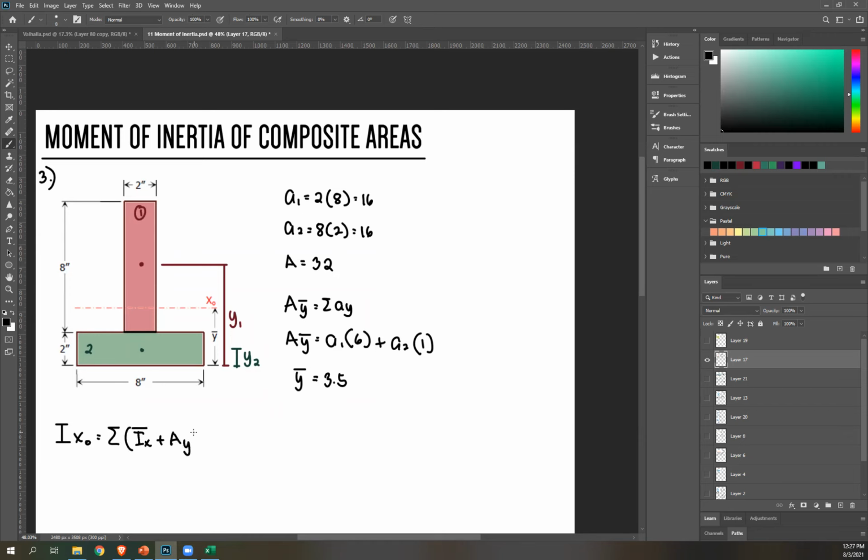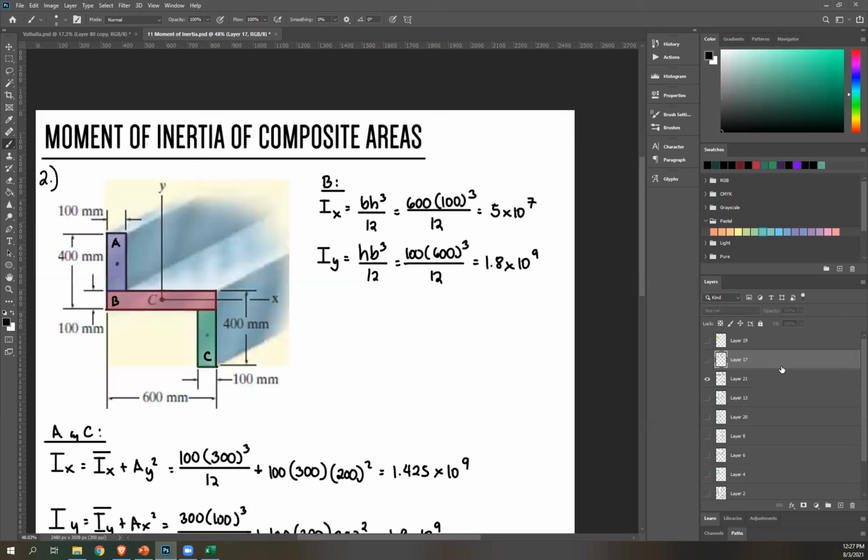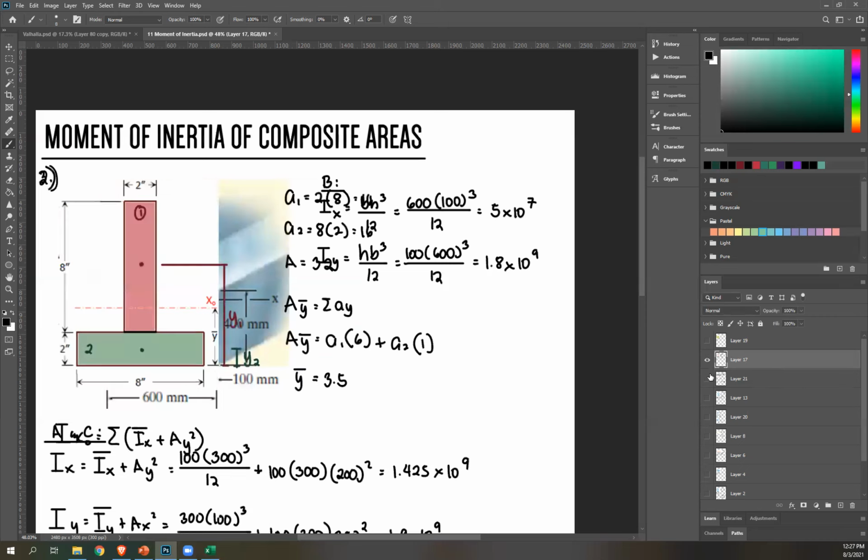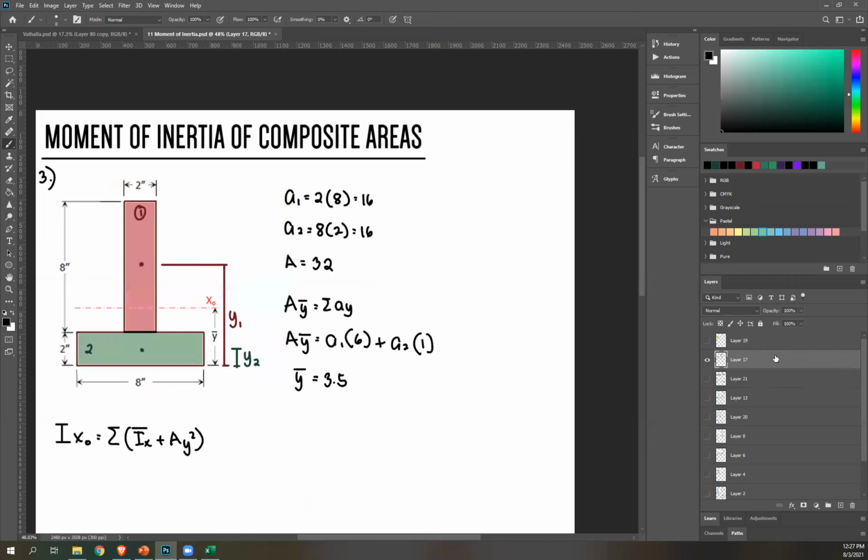AY squared. Okay. Now, in the previous example, right, we did the moment of inertia first of each part, and then we took the sum. You can also just write all of that in one equation as well, instead of separating that. So writing in a single equation, let's start again with block 1.